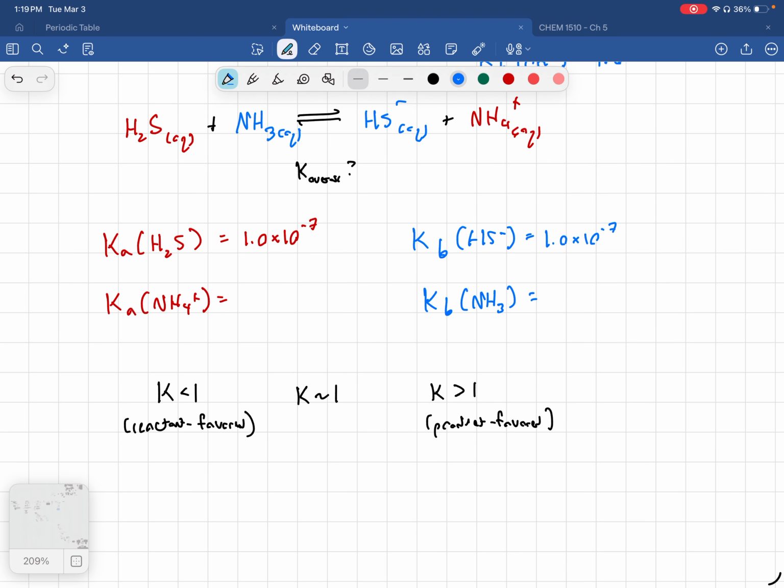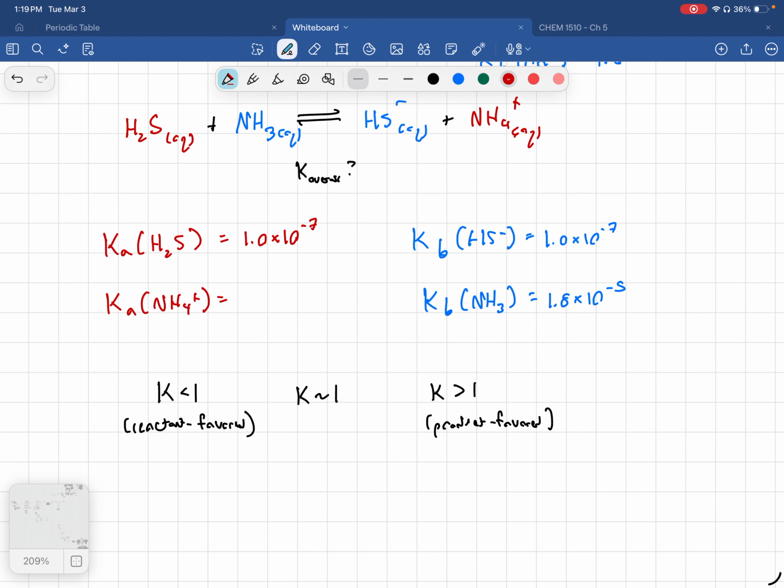So now let's look at NH3. That is 1.8 times 10 to the negative 5th.